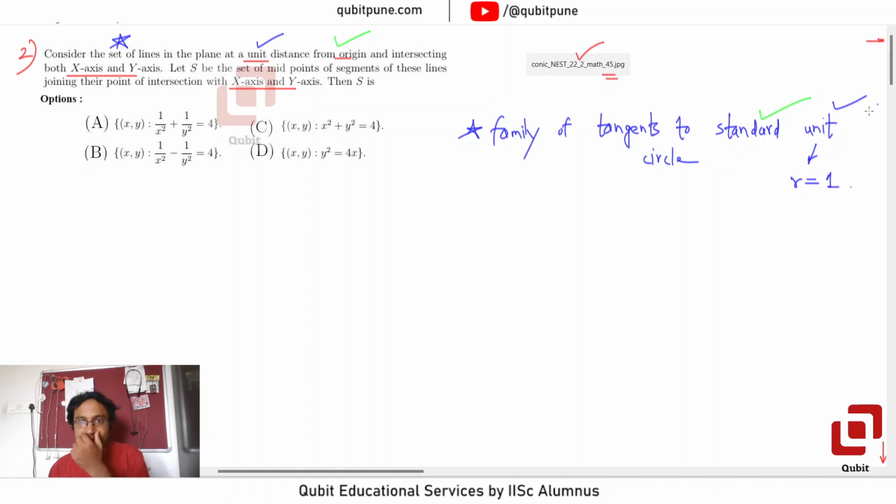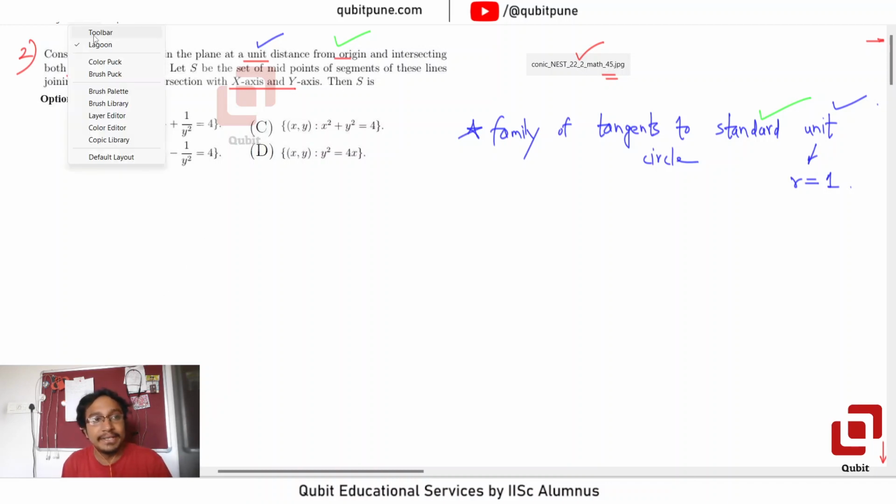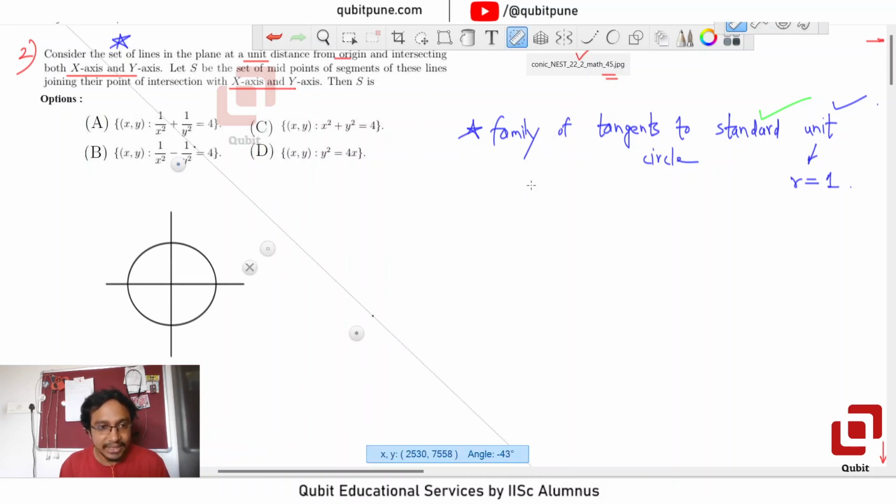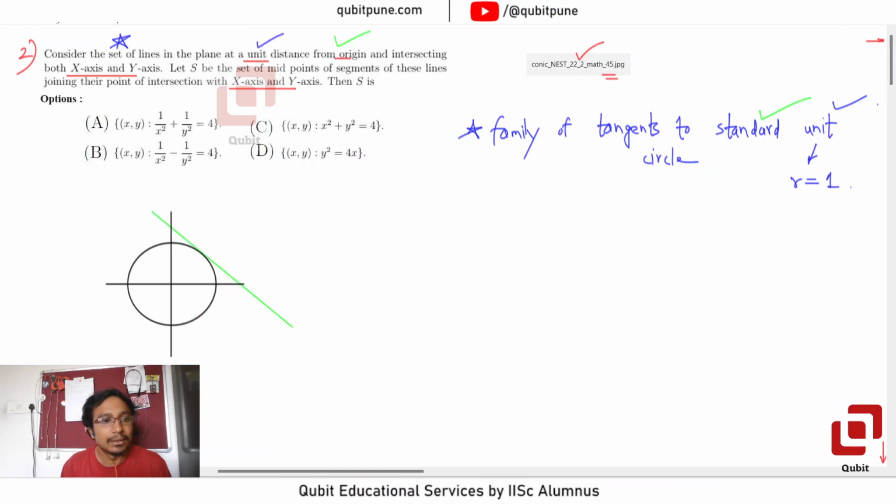Everyone? Okay. Now, if we imagine the collection of all tangents to the unit circle, let's say this is our circle, with the y and x axes. I'm only showing one tangent as a demonstration.